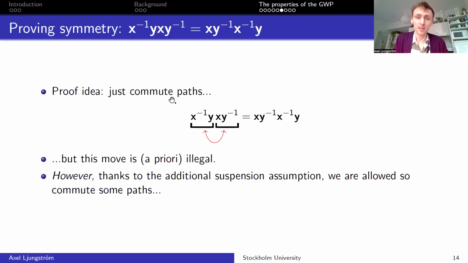Well, the dream would be if we could just commute these two paths, then we would be done. But a priori, this is illegal. You can't just willy-nilly commute paths in an arbitrary loop space. However, with this additional suspension assumption we made, we will turn out to be allowed to commute some paths.